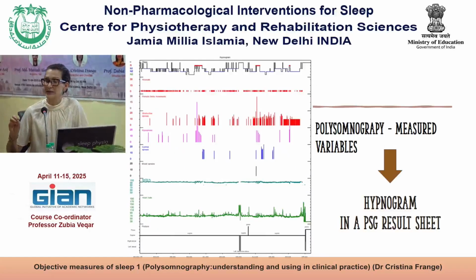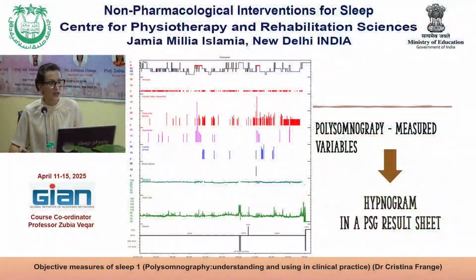So we also have the colors universally the same to try to make things easier. So up here we have the wake stage, then the R stage or REM sleep stage, N1, N2, and N3 shown here in green.